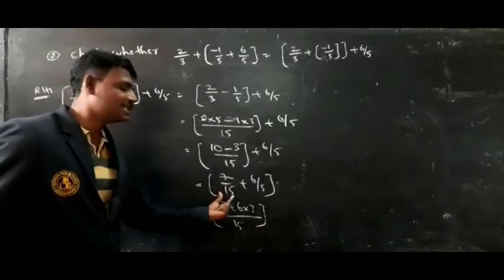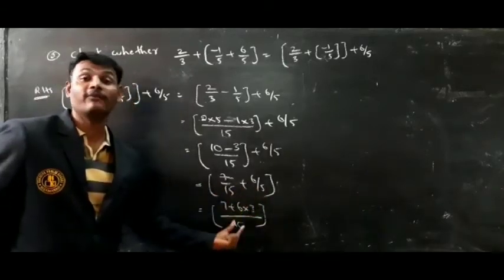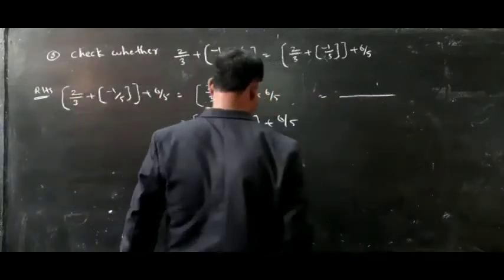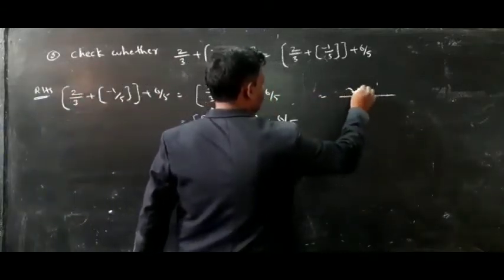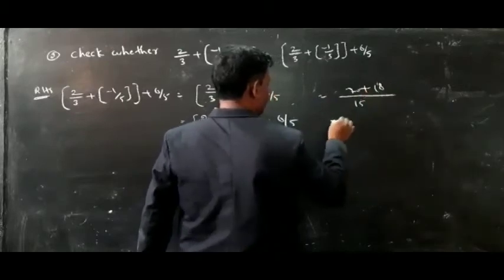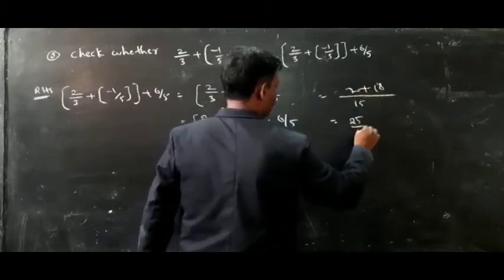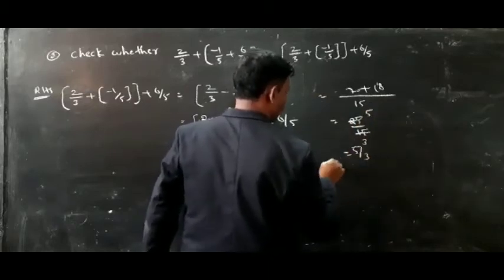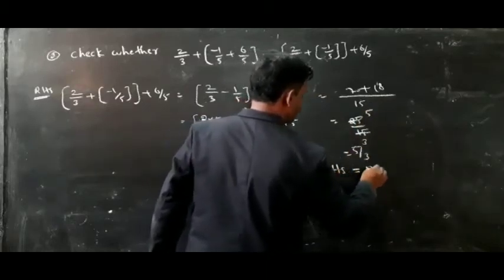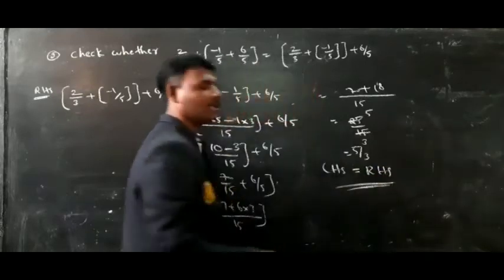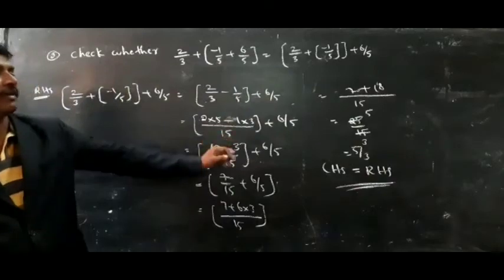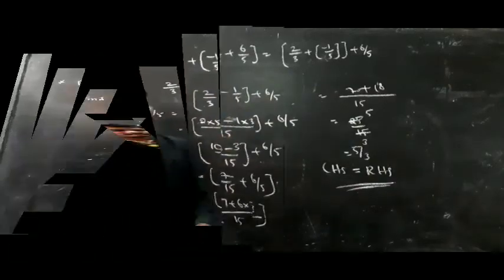Here 15 is a multiple of 5, so we can take 15 as LCM. 7 plus 18 is equal to 25 by 15. 5 5s are 25, 5 3s are 15, so it is 5 by 3. So here the value of the LHS and the value of the RHS both are equal. The value of the LHS is 5 by 3 and the value of the RHS is also 5 by 3.